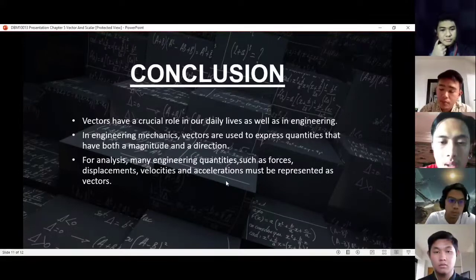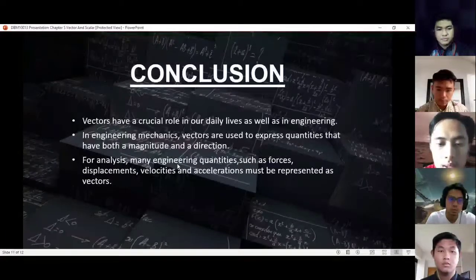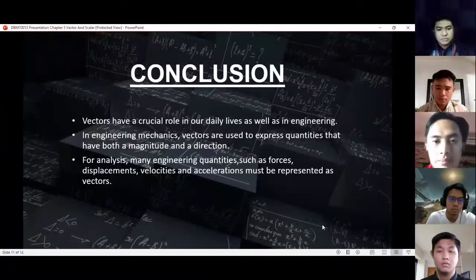A scalar is a physical quantity with magnitude only, and a vector is a physical quantity with magnitude and direction. A vector may be represented as an arrow, where the length of the arrow indicates the magnitude and the arrowhead indicates the direction. That's all.